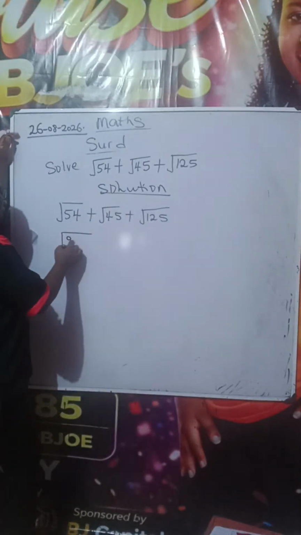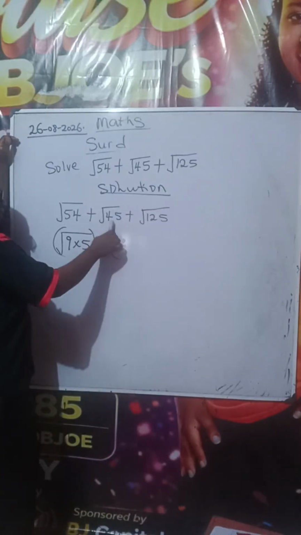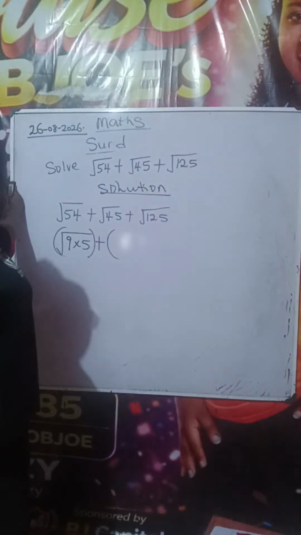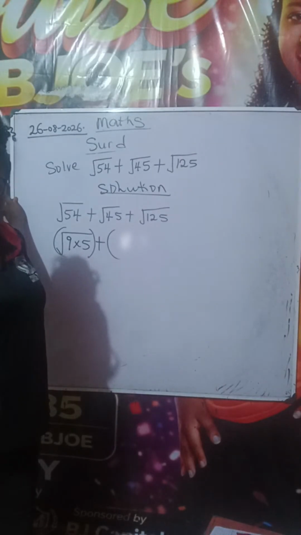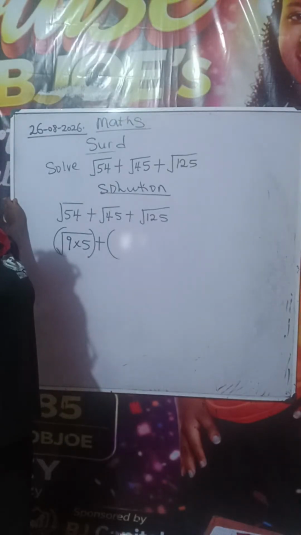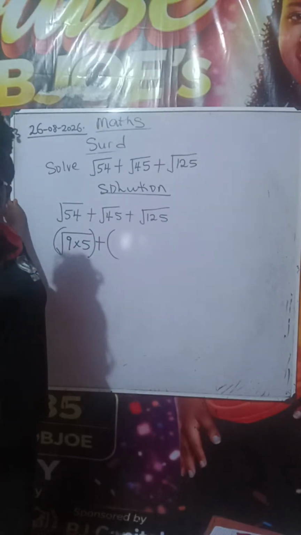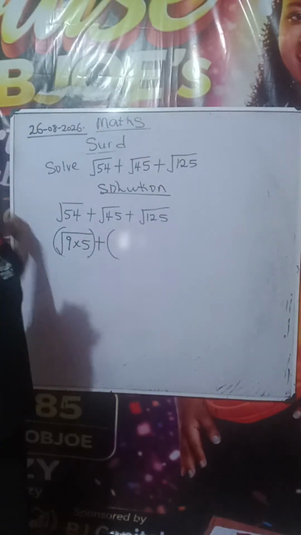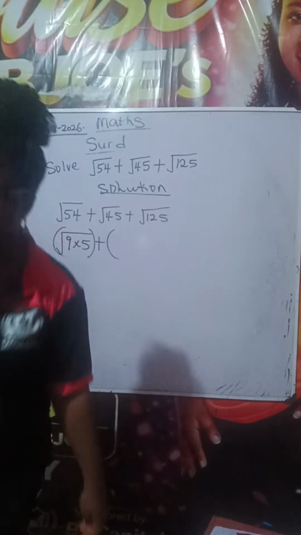Okay, so we have 9 times 6, plus 45. 45. What perfect number multiplied with any number will give us 45? We have done it before. 45 is not new. 45, everybody, is 9 times 5.